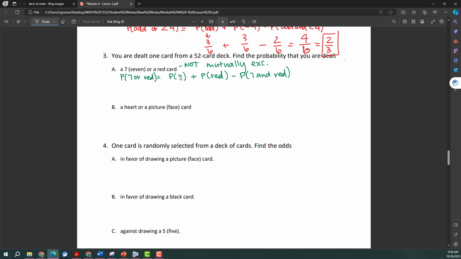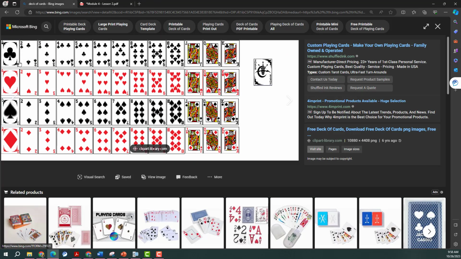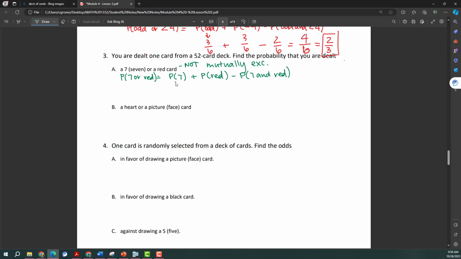So the probability of drawing a 7. Let's look at our deck of cards. I'm only pulling this up because there's a lot of people who don't know what cards are in a deck. So we have 4 7s in our deck of cards. So we have 4 out of the total 52 that are 7s.